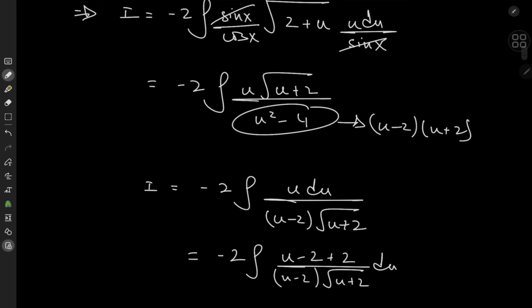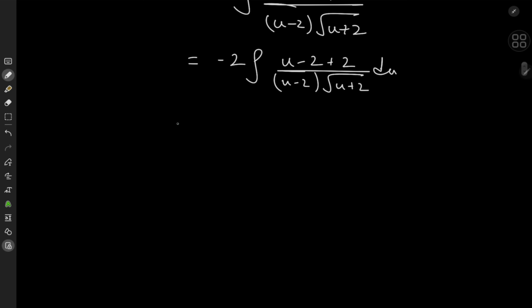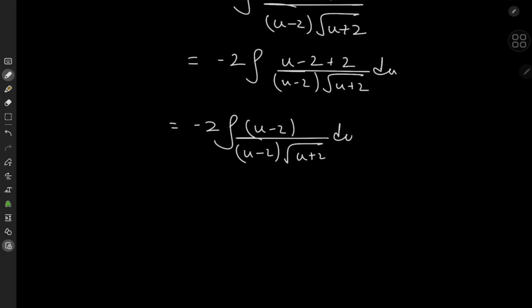So invoking the linearity of the integration operator, we have negative 2 times the integral of u minus 2 over u minus 2 times root u plus 2 du, cancellation, minus 4 times the integral of du over u minus 2 times root u plus 2.